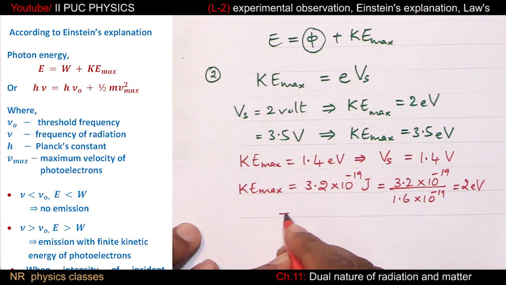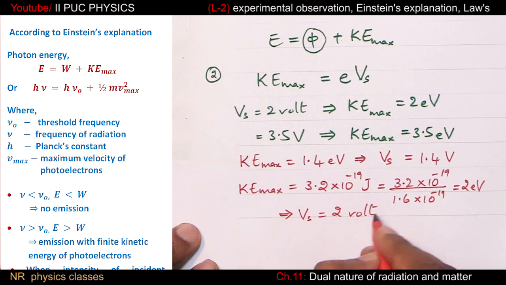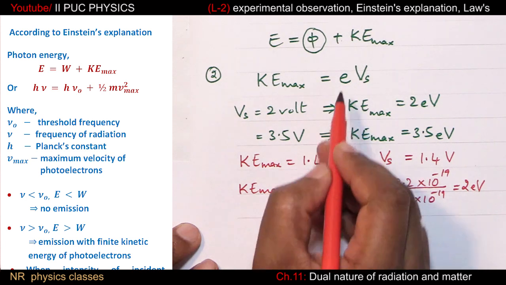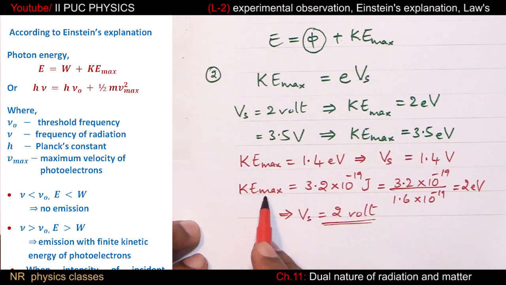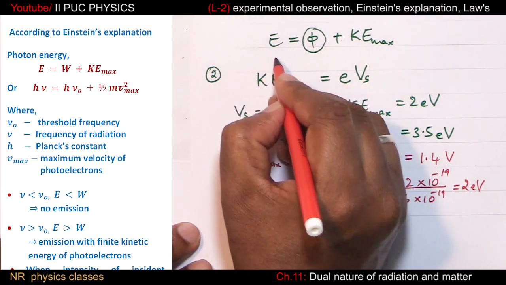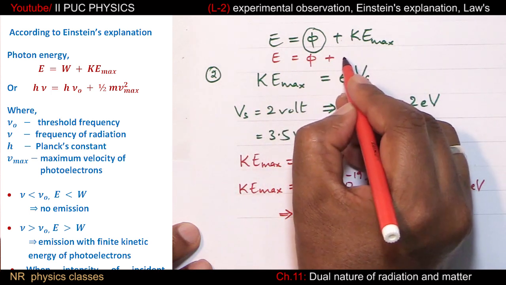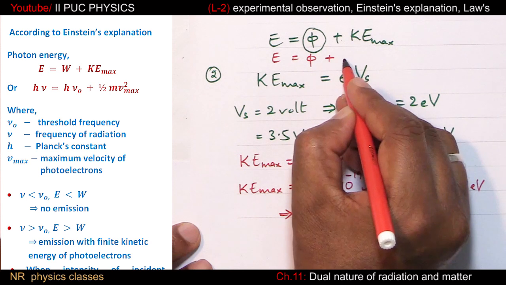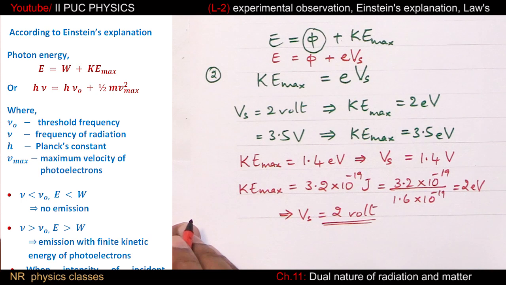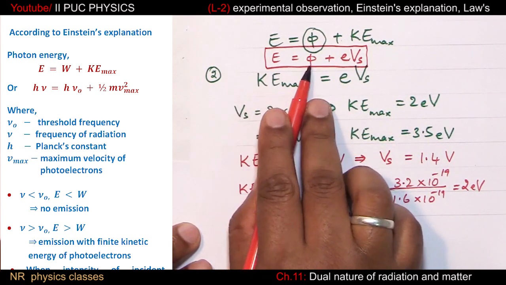If kinetic energy is 2 eV, then stopping potential is 2 volt. This is how you should use kinetic energy and electron volt. So in that sense, energy E, work function phi, then kinetic energy can be represented as e times stopping potential. So we will be using this in problems.